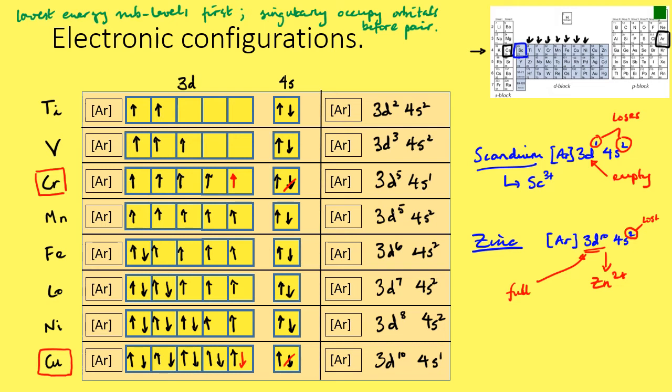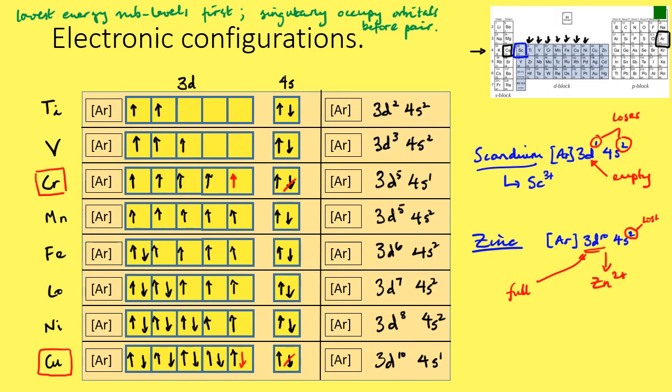Let's also do zinc. And the electronic structure of zinc is argon. I should have had argon in here as well, to be honest. So argon, and then it's 3d10 4s2.